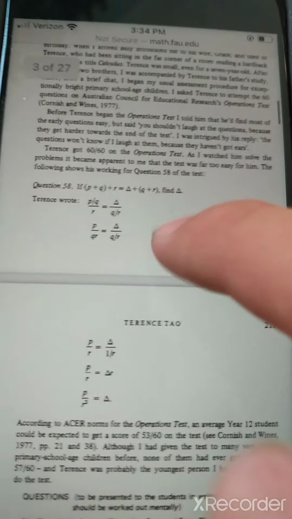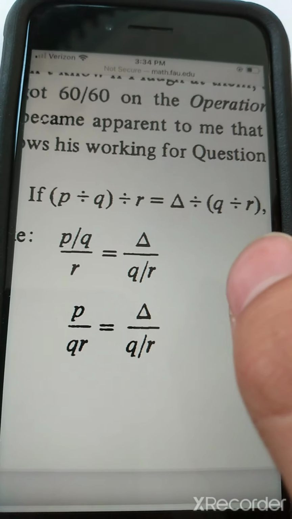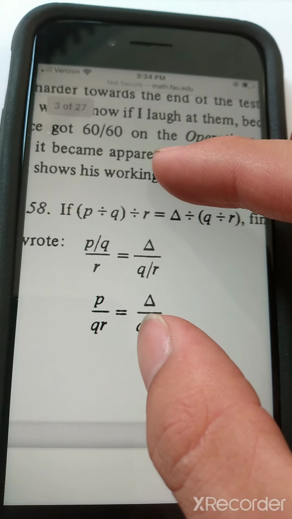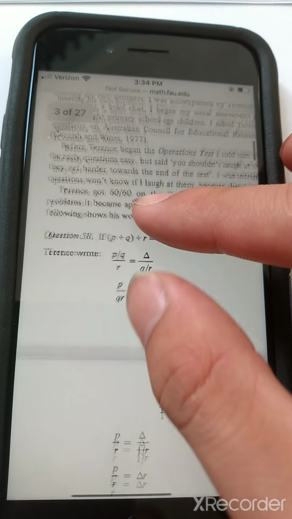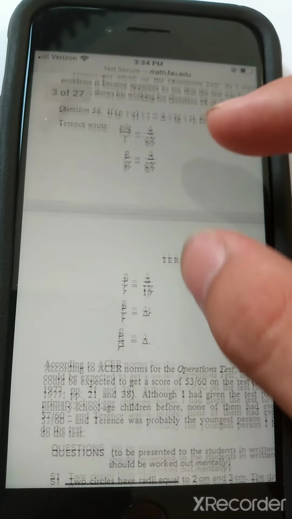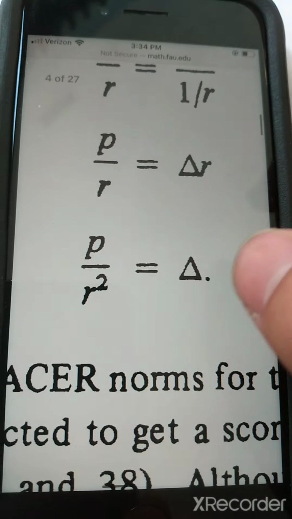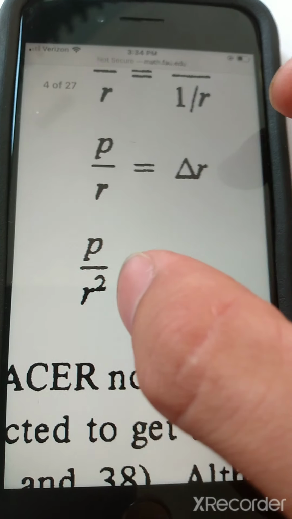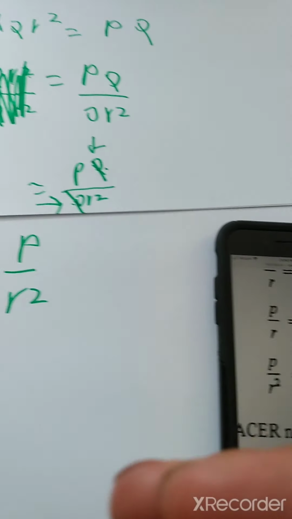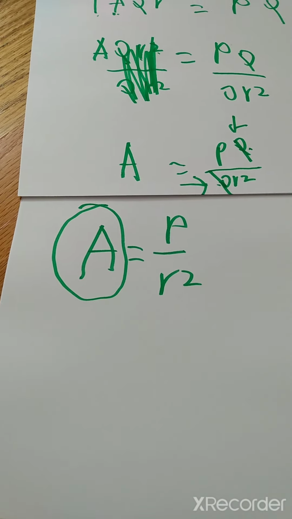But instead of having a inserted in it, they have delta. But we use a to make it look a little bit simpler, because delta is a letter, but it's not really an English letter, so we wanted to make it easier. And guess what we got? Delta is going to equal p over r squared. And since we replaced delta with a, we technically got the same exact answer.